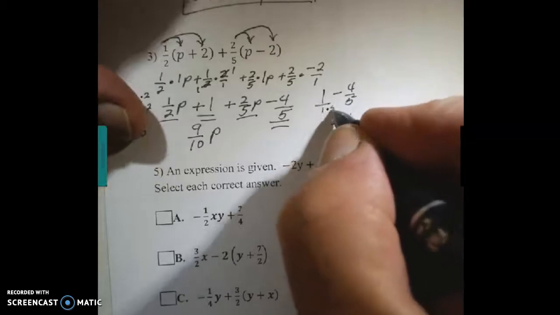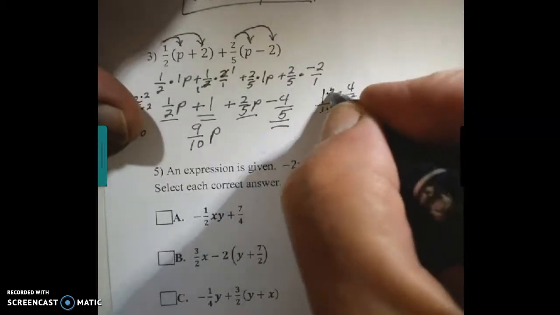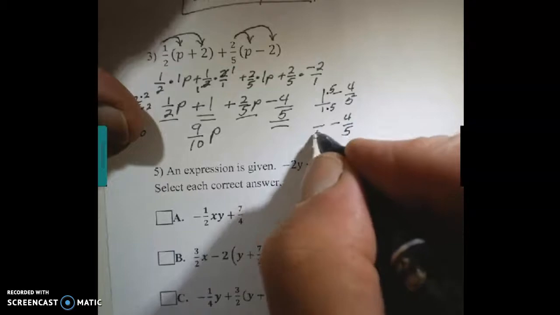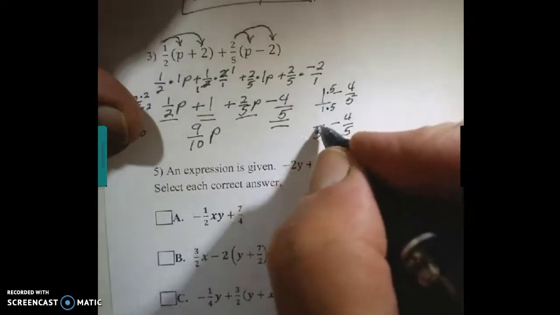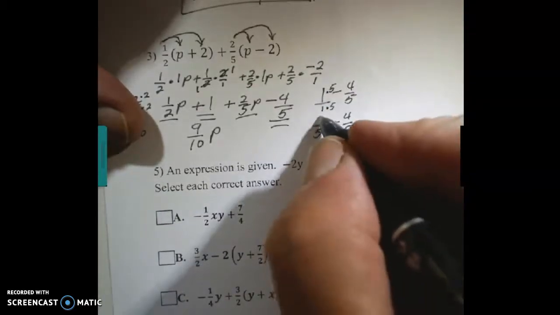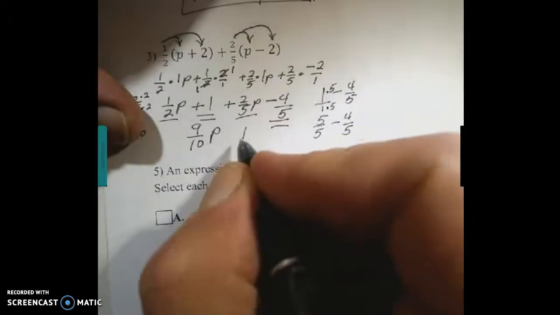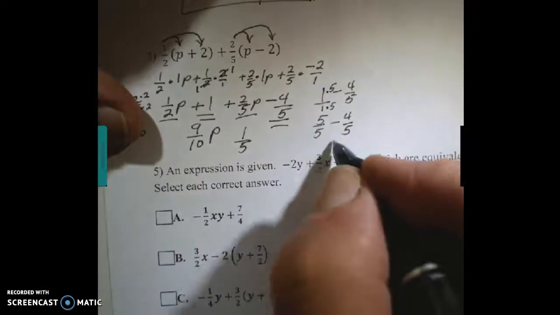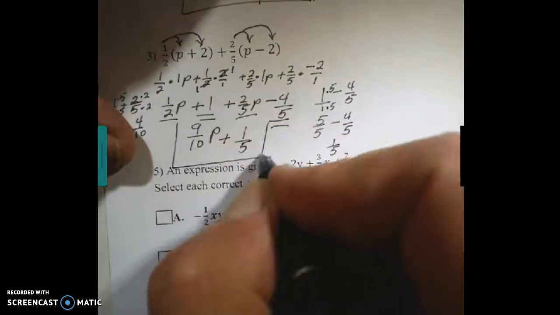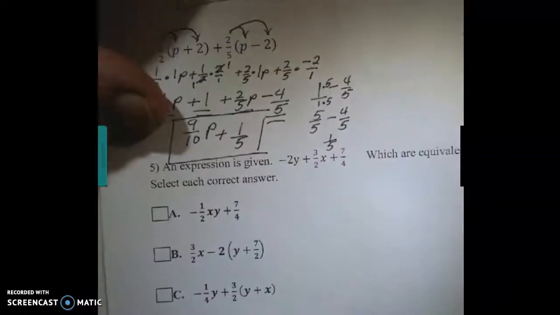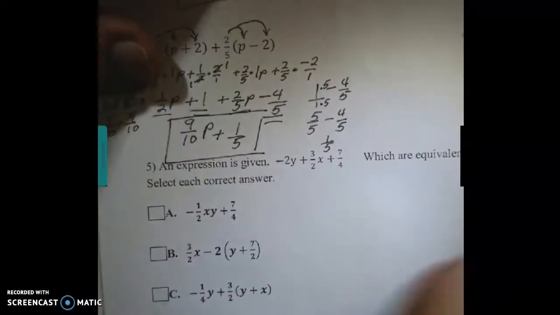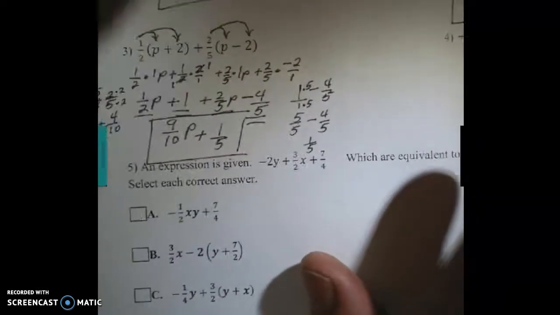The first number, 1, when you write it as fifths, would be the same thing as 5/5, which makes sense. If you multiply them both by 5, you get 5/5. 5/5 minus 4/5 is 1/5. And the larger amount is the positive, so it is 9 tenths p plus 1/5.